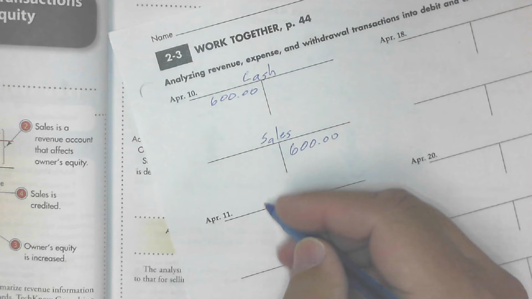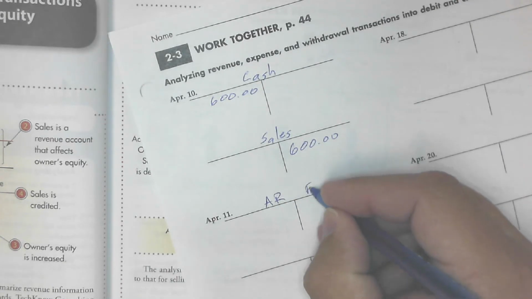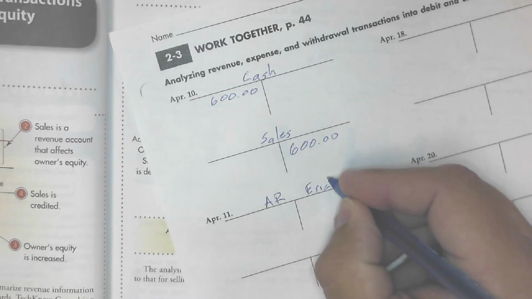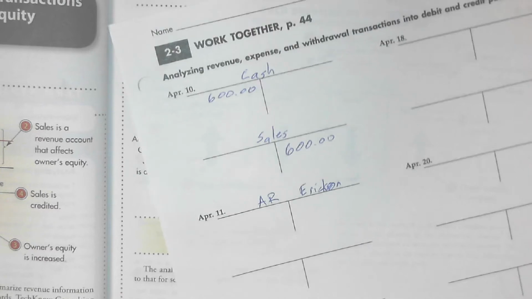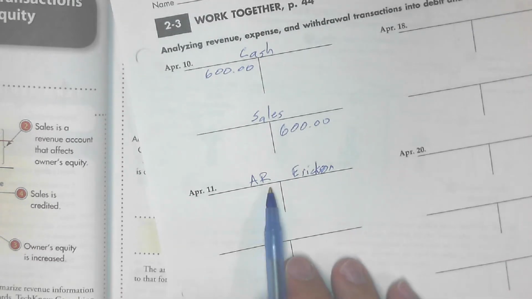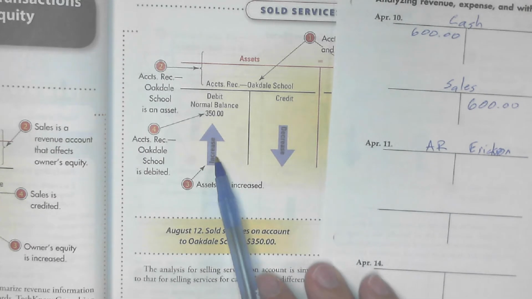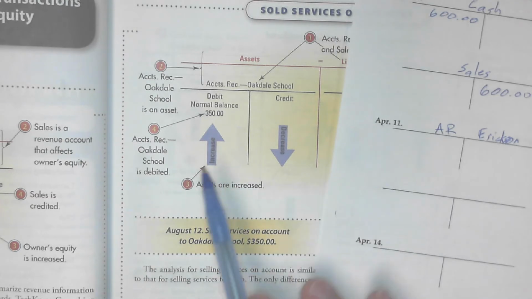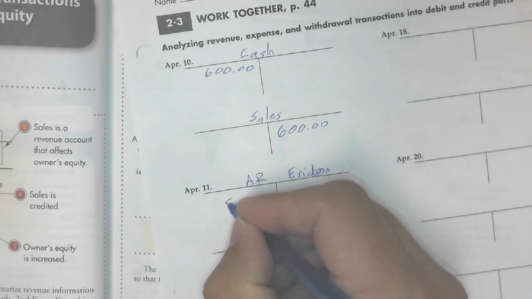That's an asset. So AR, Erickson. I know I wrote that sloppily. So that's on the asset side. We have the increase, and for all assets the increase is on the left side. So that was $850.